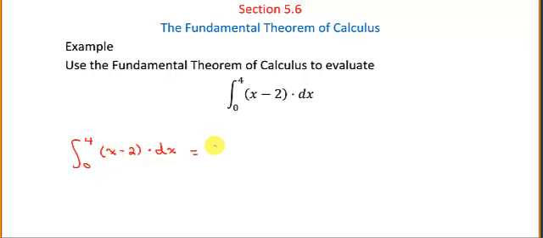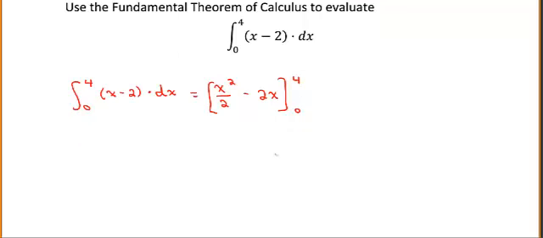First, take an antiderivative, x squared over 2 minus 2x, since 2 is the derivative of 2x, so its antiderivative is 2x. And now I'll evaluate it from 0 to 4.